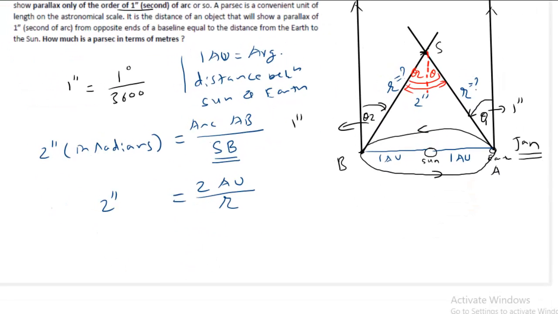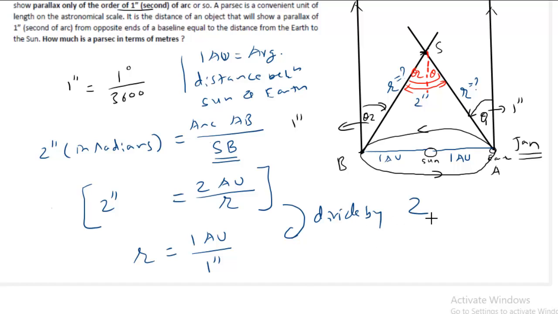Now we can represent the distance R, the distance of a star from the earth, as 1 AU, which is creating the angle of 1 radian. When we divide both sides of this expression by 2, we get R is equal to 1 AU upon 1 arc second.